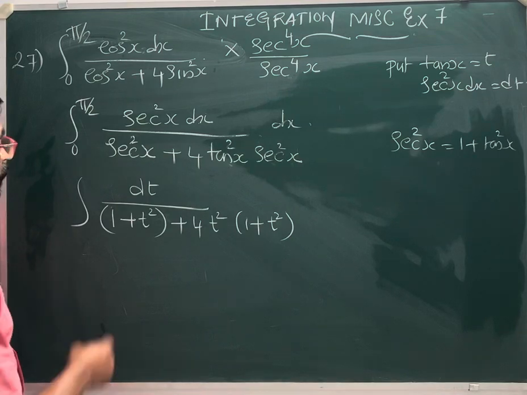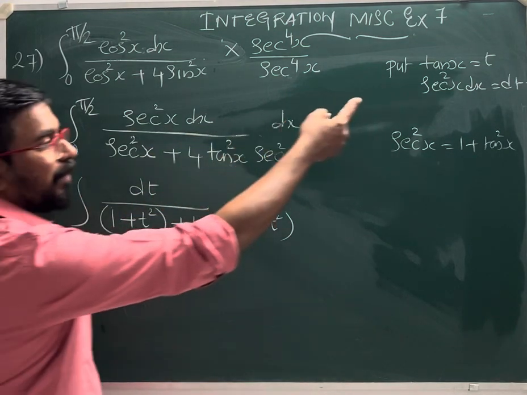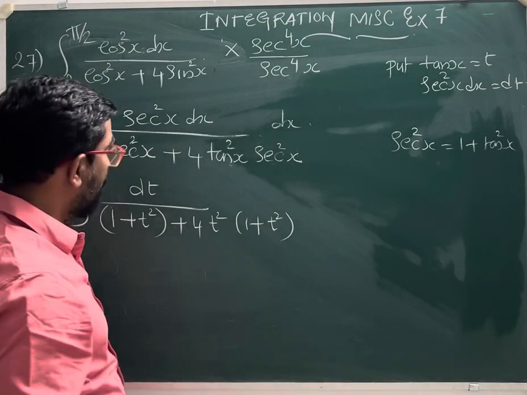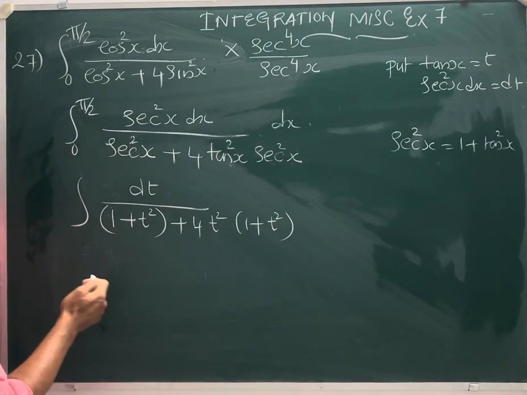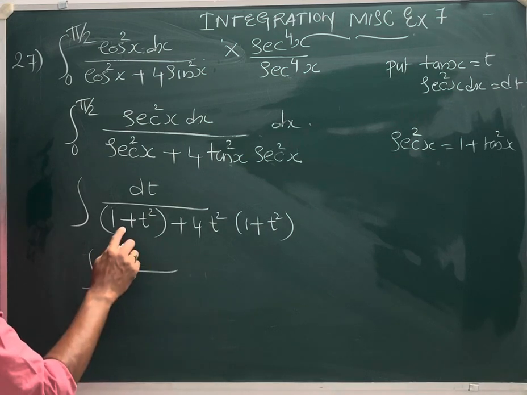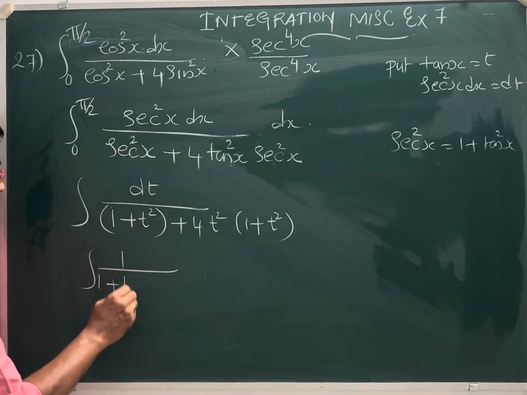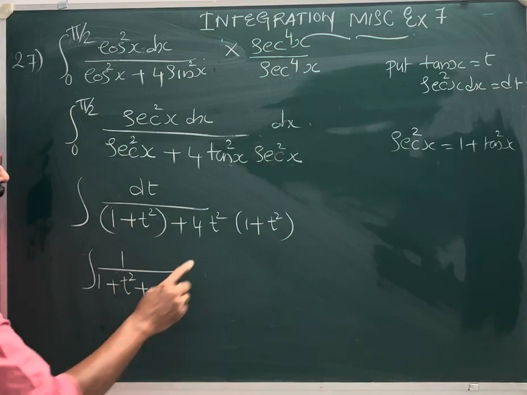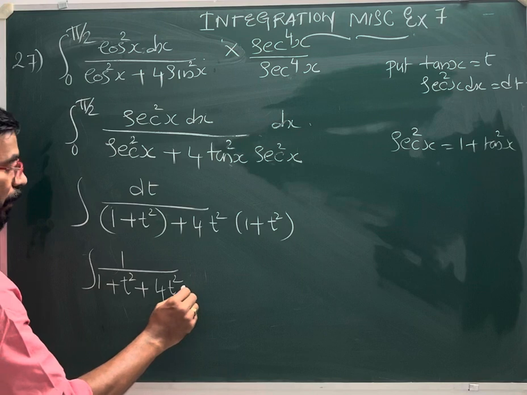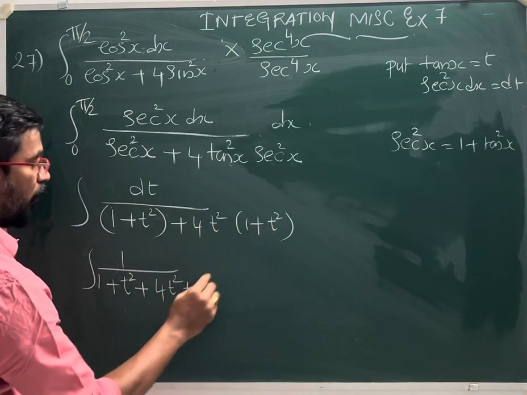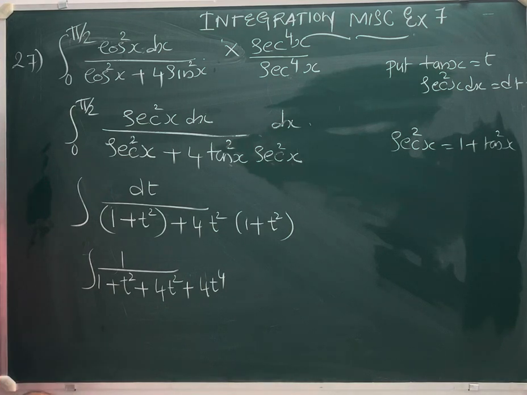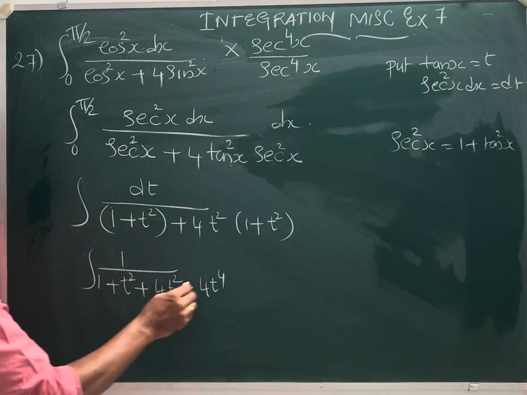Now we'll put the limits: tan 0 is 0, tan pi by 2 is infinity. I'm not doing it right now. Let me attend to this work. So integral 1 by, this will become 1 plus t square plus, if you multiply, 4t square plus 4t power 4, dt. This is how we reached this much.